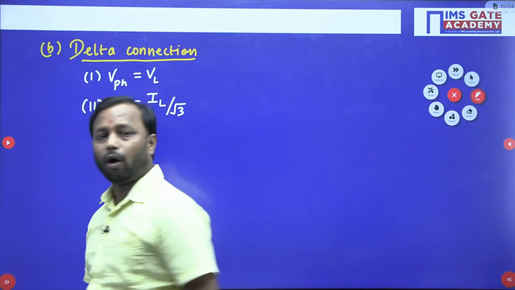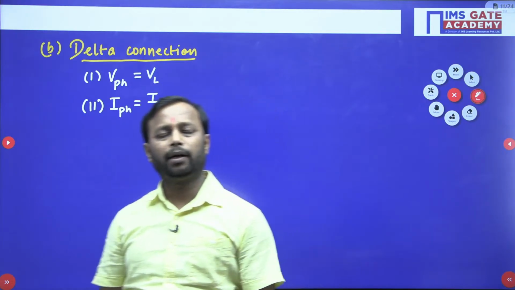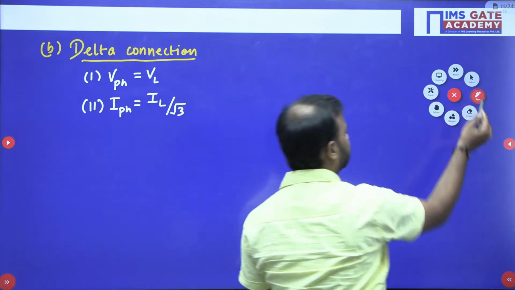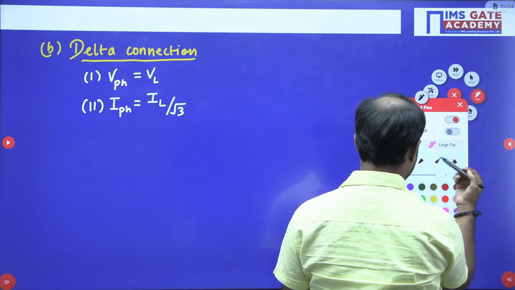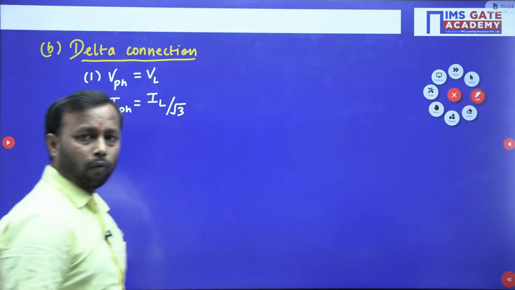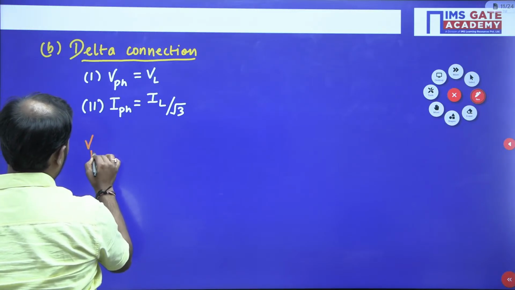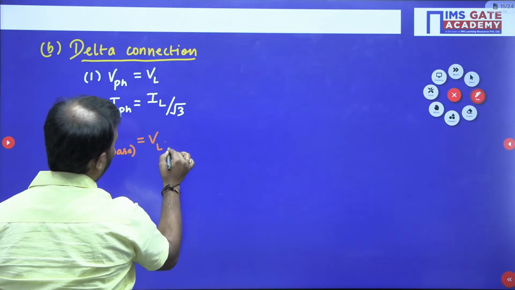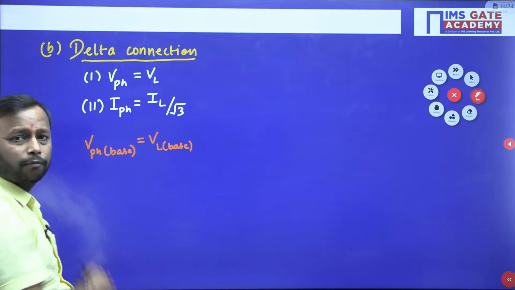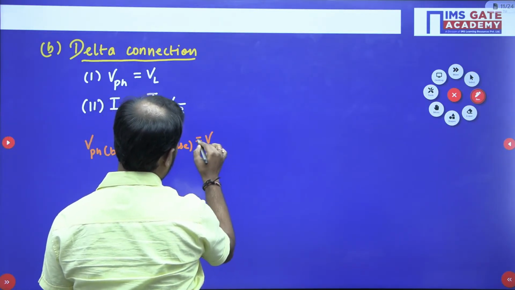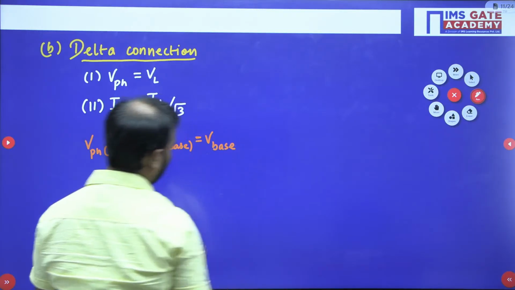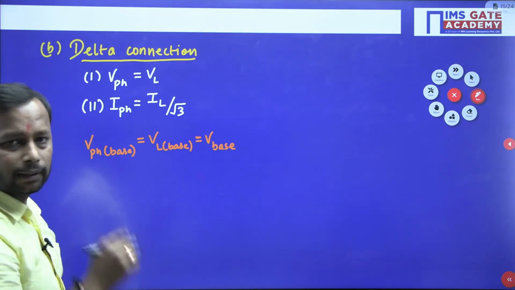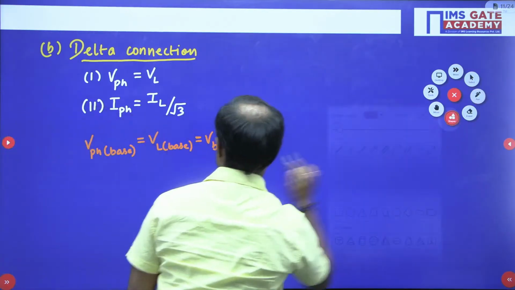Now let us find all the parameters in per unit values. What about the base value of the voltage for the phase? Since these two are equal, whatever the base of the line voltage is will be the base for the phase as well. So this is nothing but V base, which is mentioned on the nameplate of the machines. Done. Next, let us find the I base. Let me box this.